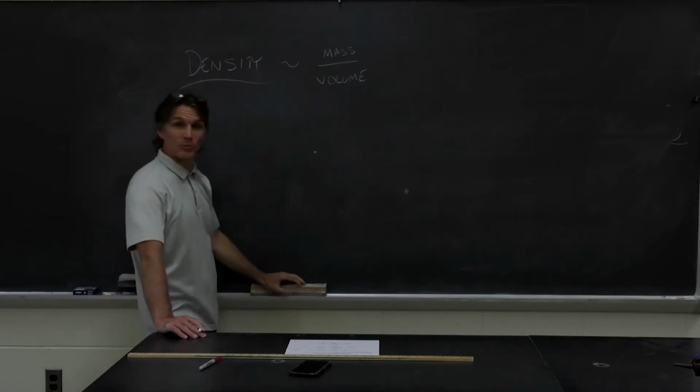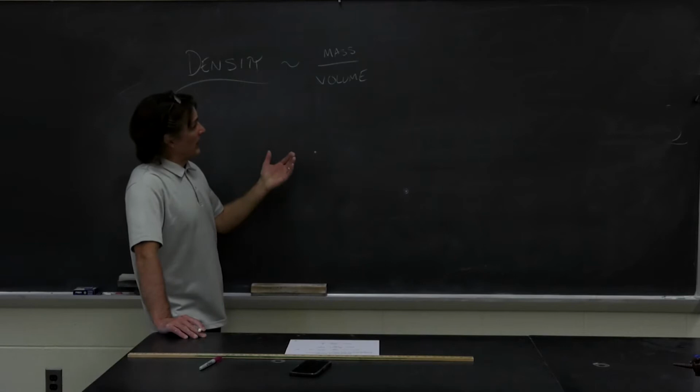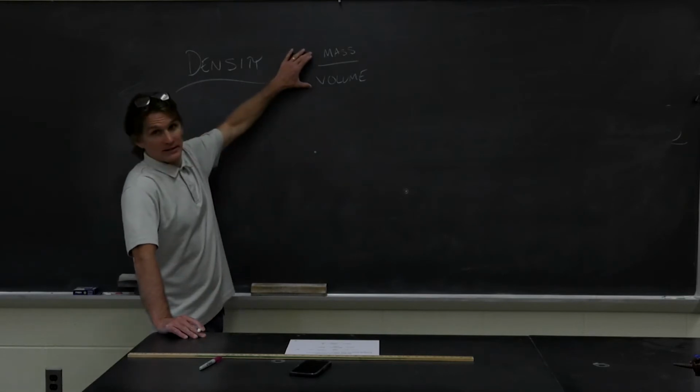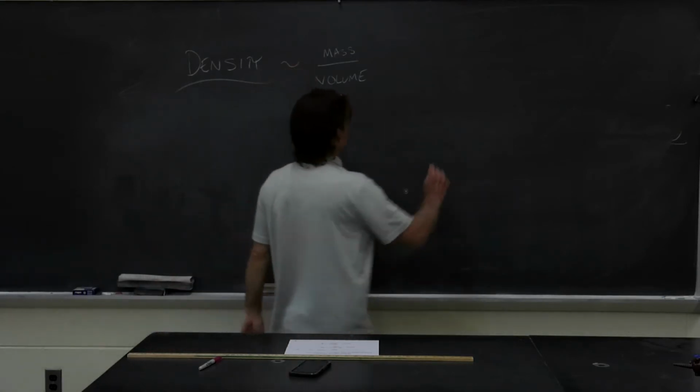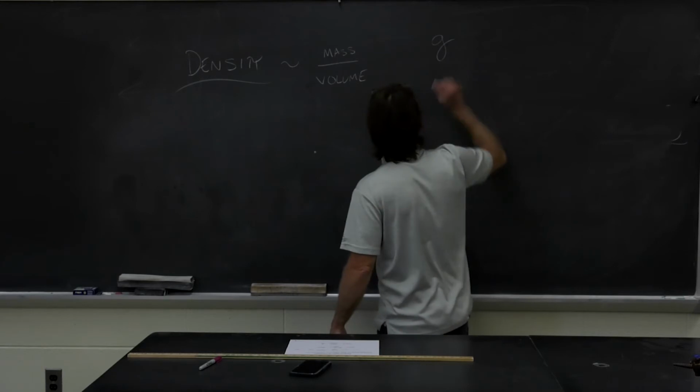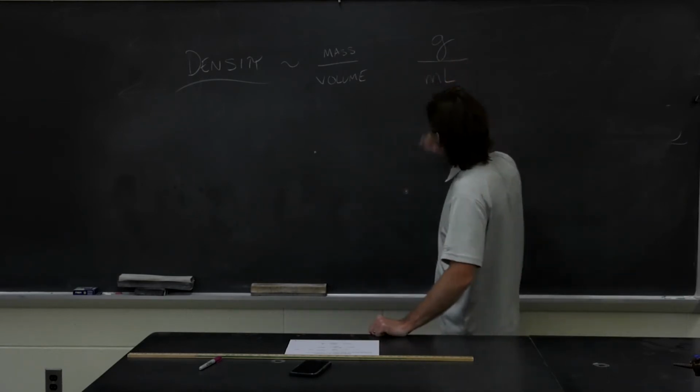So what are some appropriate units for density? Well, if we think about it, I'm going to take some mass units and divide those by some volume units. So I know mass is measured in grams, and volume can be measured in milliliters.